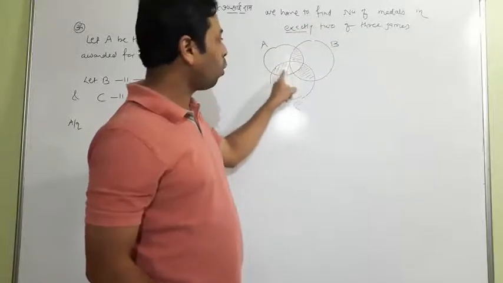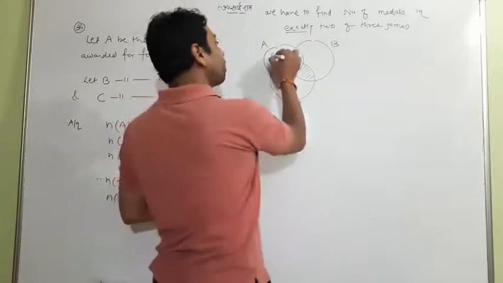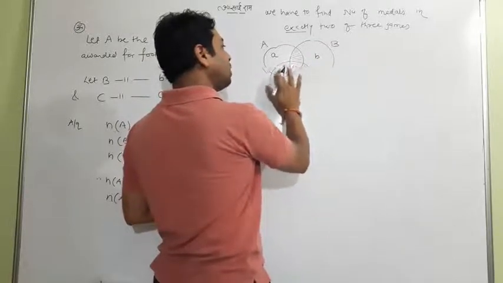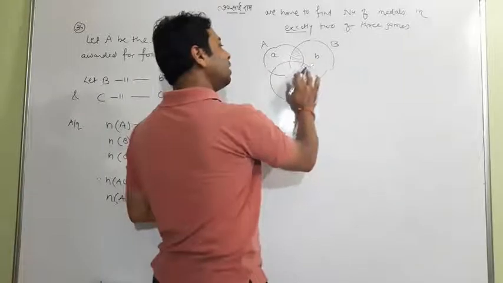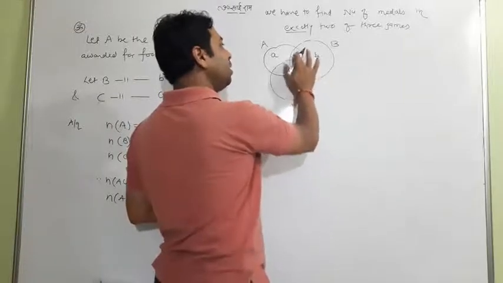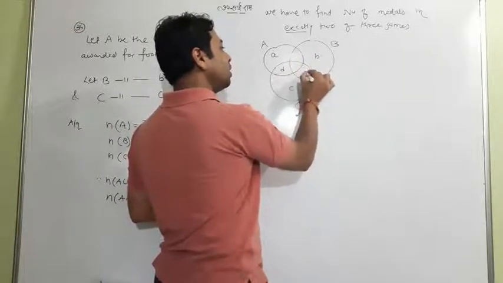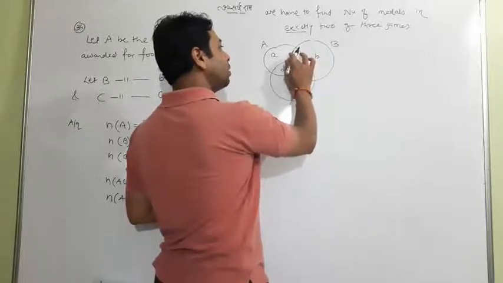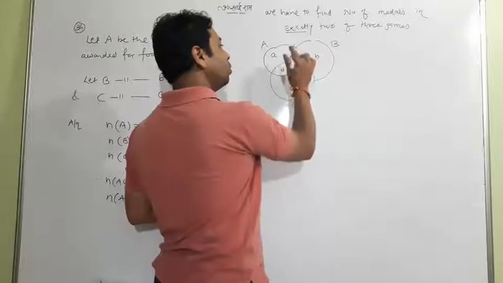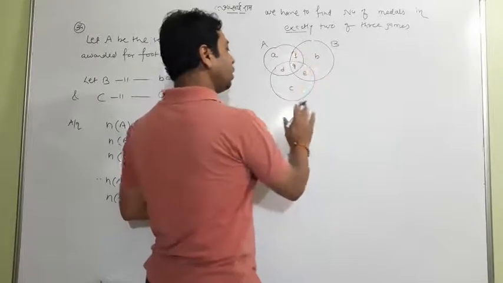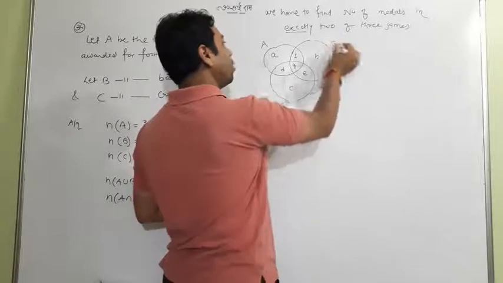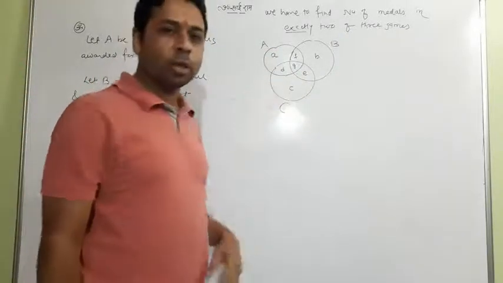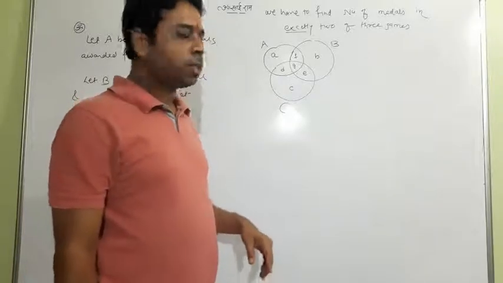So we have to count all the elements. How will we count? Suppose we say this region is A, this region is B, this is C, this is D, this is E, this is F, and the common region is called G. Don't worry about the ABC sets. Whatever symbols I made, these are the numbers of players who got prizes in different sports.